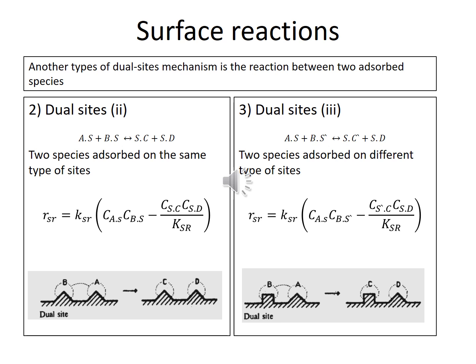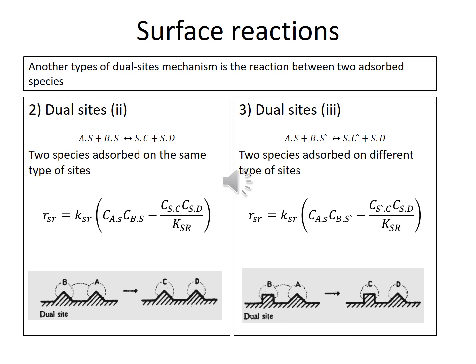And then other surface reactions that you have are dual site reactions. In this case, we have two molecules adsorbed on similar sites that react to produce two products, in this case C and D. The two species adsorb on the same site and they produce C and D. And using this earlier approach, this becomes our rate equation.